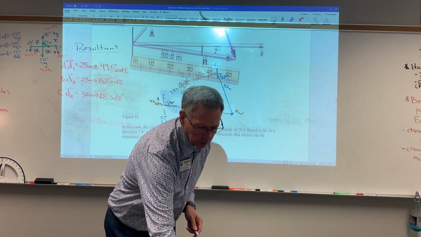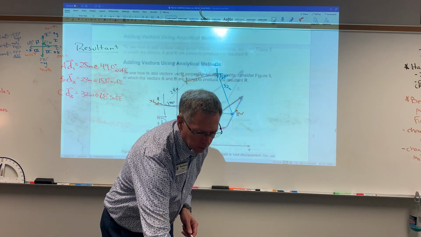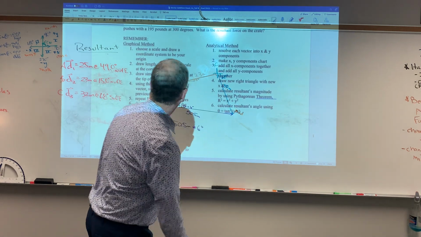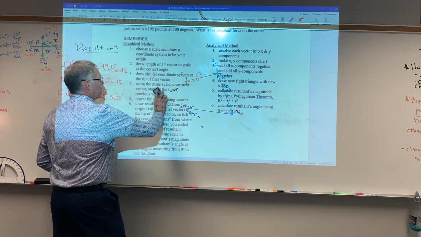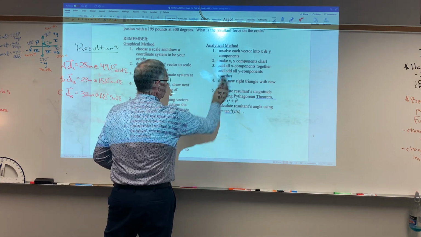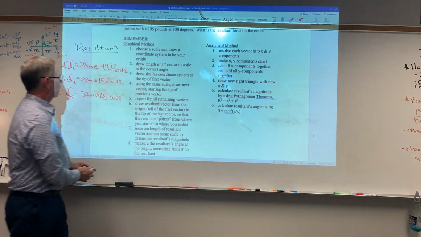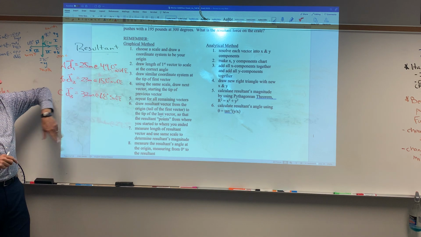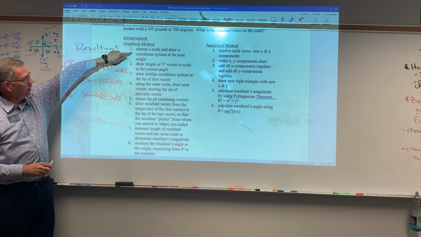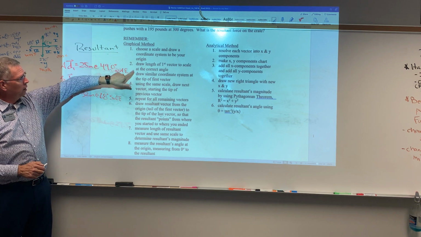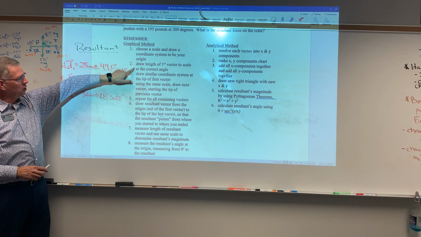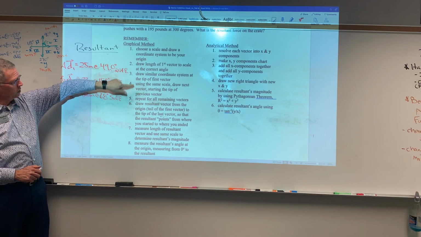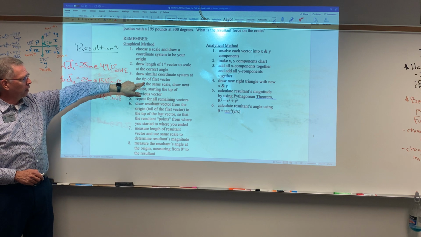Use a ruler. At the end of the notes, that graphical method is summarized. Choose a scale and draw your coordinate system. Draw the length of the first vector to scale at the correct angle. Draw a similar coordinate system at the tip of the first vector, which could also be called the head.